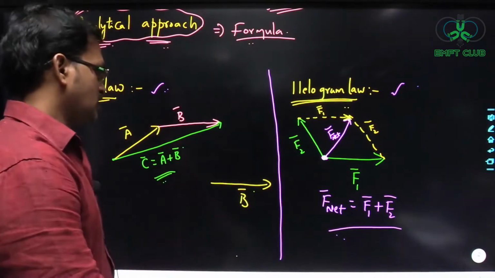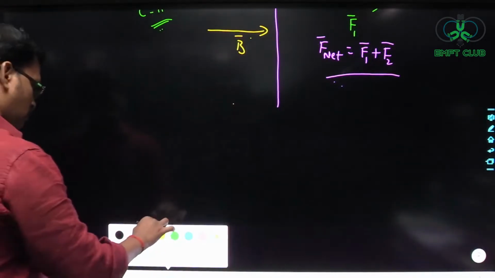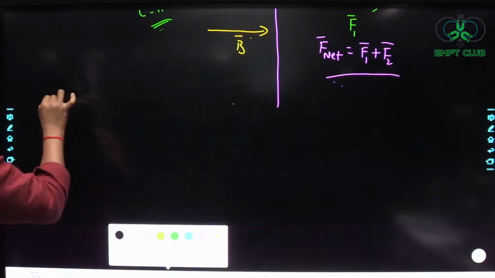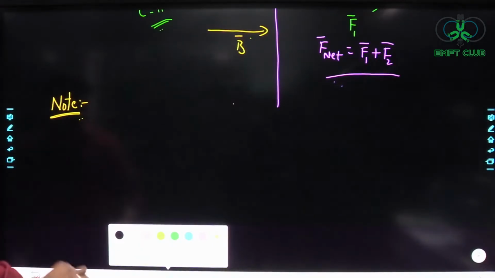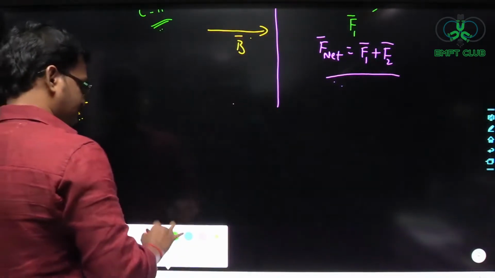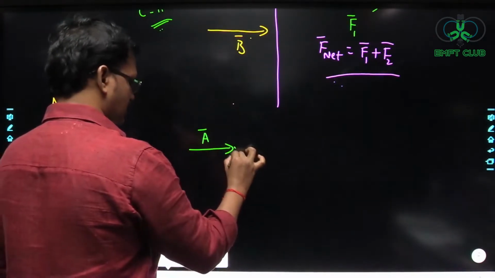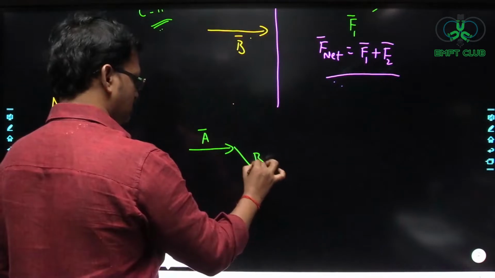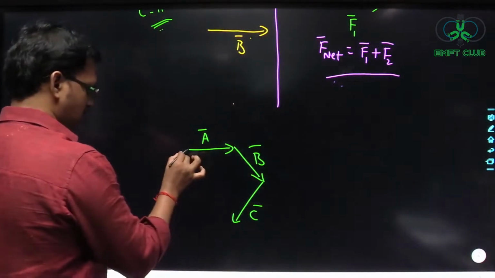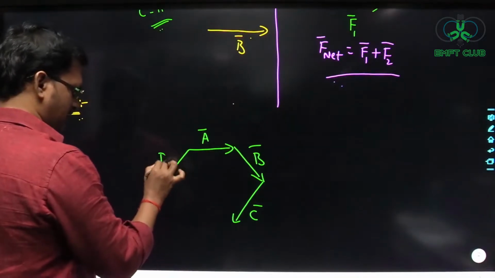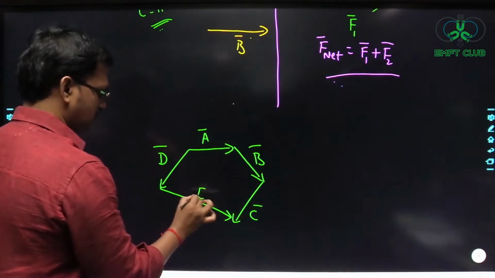Here you have to make one more note, so write it down. Now, if you have a vector, let us say this is A bar, and here you have another vector B bar, another vector C bar, another vector D bar, and another vector E bar.